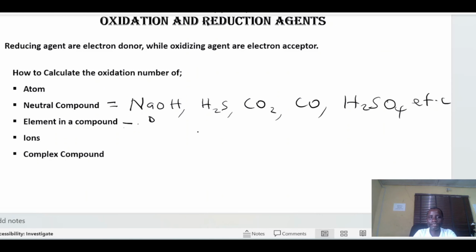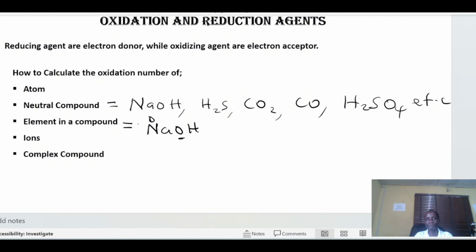Let's see, we want to calculate the oxidation number of elements in a given compound. For example, let's look at sodium hydroxide, and you are looking for the oxidation number of oxygen here. Since you know that the oxidation number of a stable compound equal to zero, you add all their oxidation numbers of each element and equate them to zero.